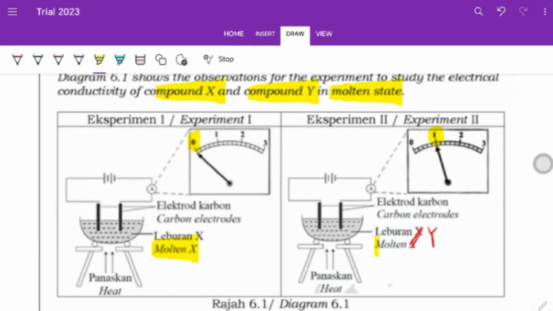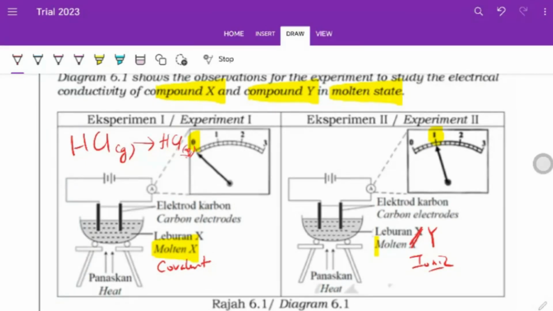Compound X is covalent. Can you give an example? Hydrochloric acid. Hydrochloric acid is not possible because HCl is either in gas form, and when dissolved in water it forms hydrochloric acid already.